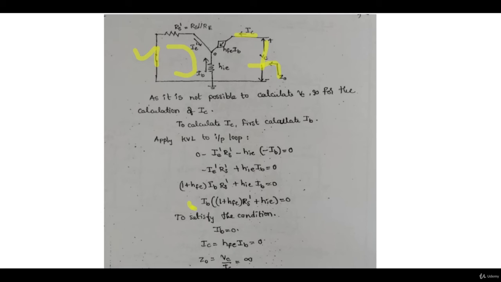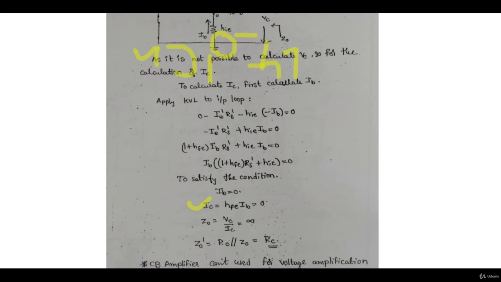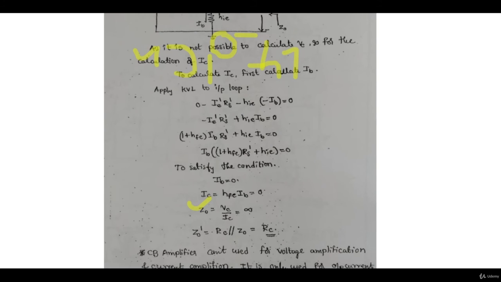Once IB is 0, the drop will be 0, so looking from this side, the impedance will be equal to the impedance of this current source, which is infinite. So the internal output impedance of common base is infinite.